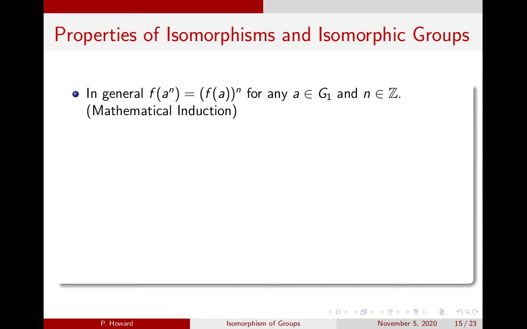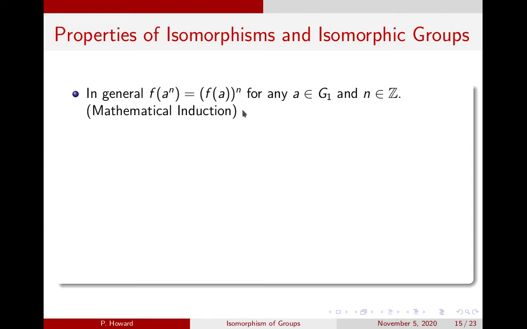And in general, f of a power of A: if you take an element little a of the group G1, raise it to a power, and then apply the isomorphism f to it, you will get the same thing you do when you apply the isomorphism f to A and raise the result to a power in the group G2.